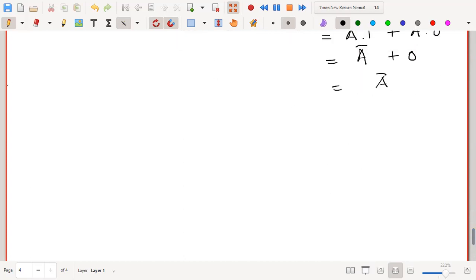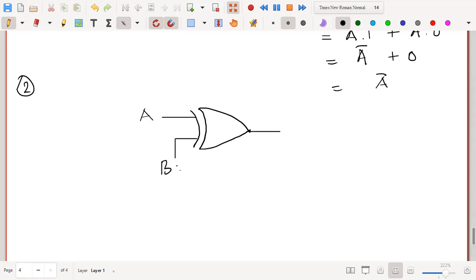Now the next important conclusion: if any one of the inputs is 0, the output is the other input. For example, I am again drawing an exclusive OR gate. Let us say I am giving the input B equal to 0. Then the output is the other input.